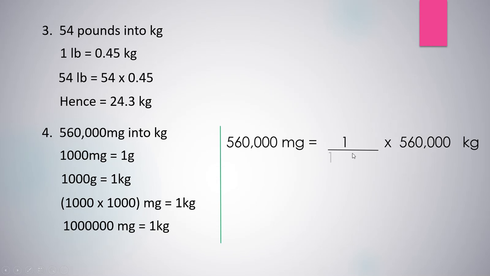We are supposed to divide by 1 million. There's an error here. Supposed to divide this by 1 million, and the answer will be 0.56 kg. This should be 1 million. So that's how we convert units.